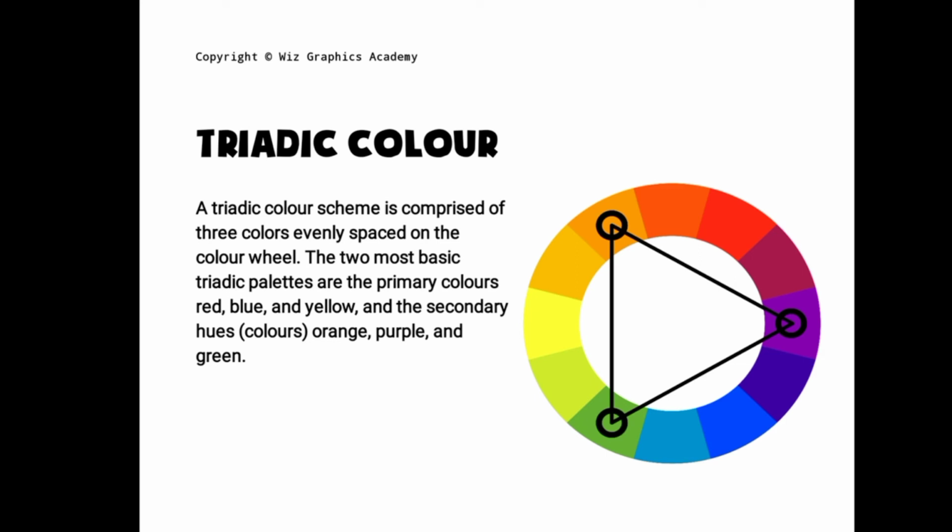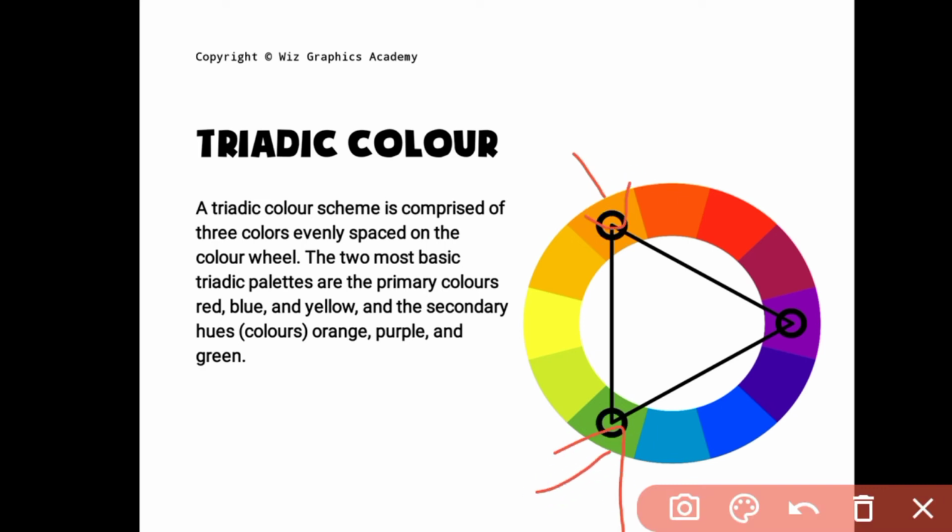It is based on you using three different colors that are spread evenly. For instance, here we have the orange, the green, and the purple. So this is an example of a triadic color scheme, but I'm going to show you an example here.